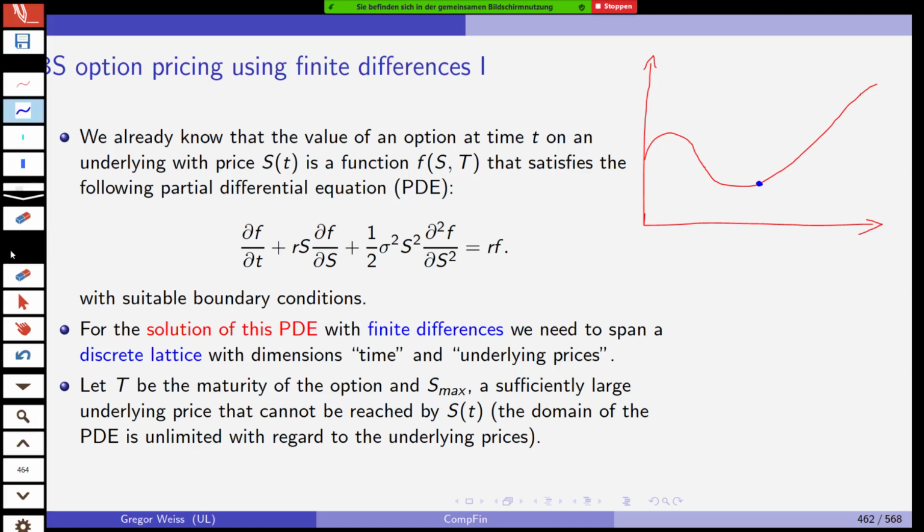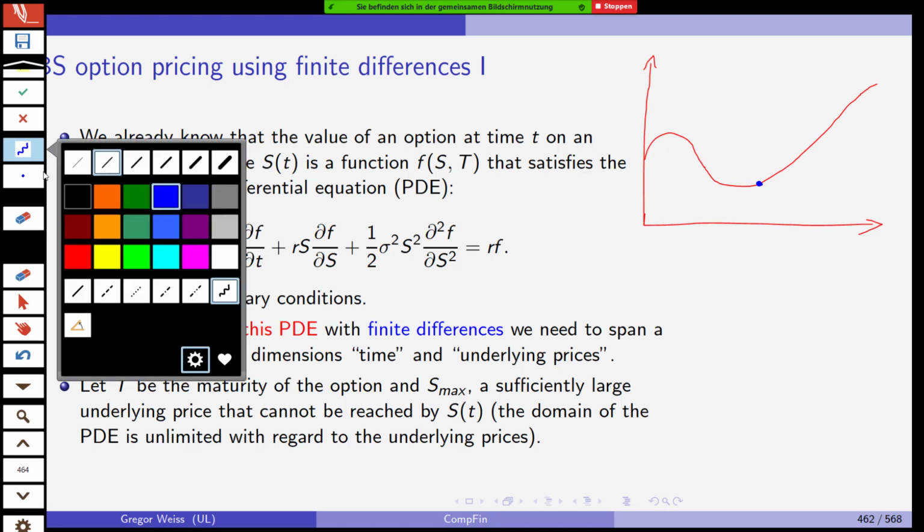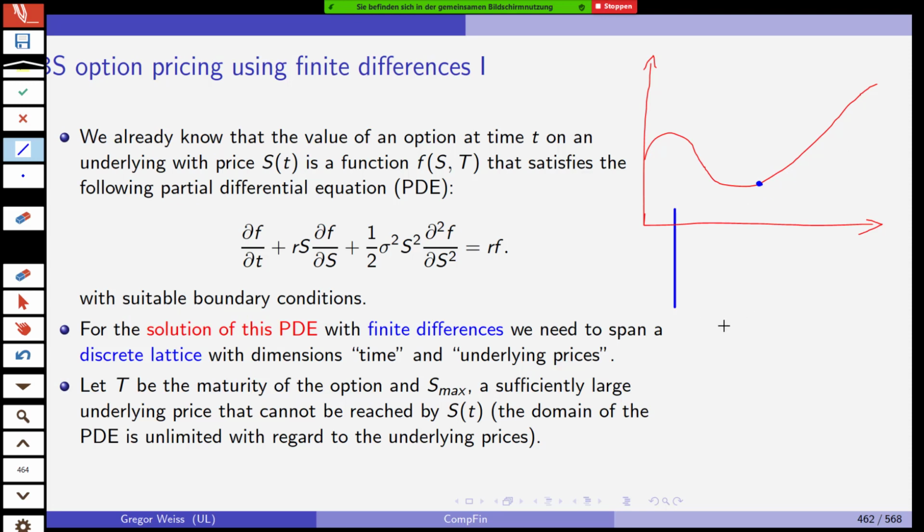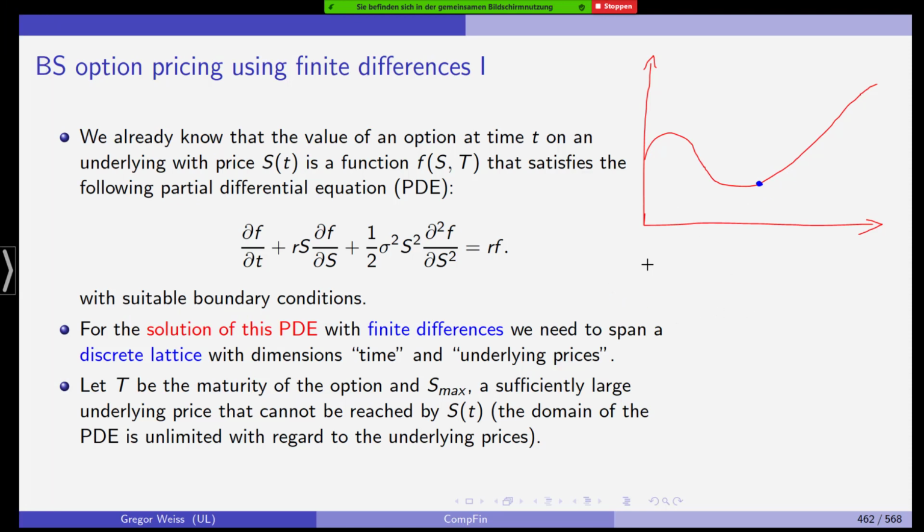Now, what is the value of the derivative in this point? Well, the value of the derivative, as you might remember from school, is the slope of the tangent to the function in this point. So that's actually the slope of this blue line, the value of the first derivative of this function in this point.